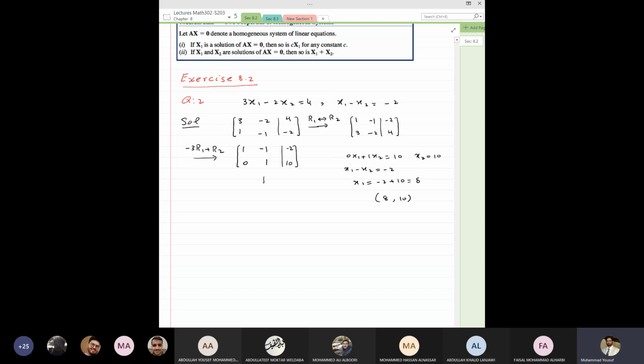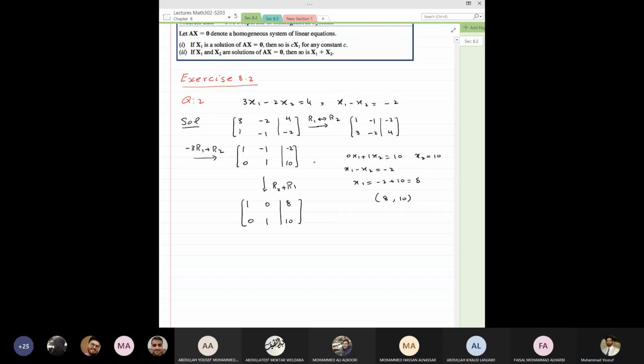Or what we can do, we can apply more operations to make it reduced echelon form, and that is add row 2 in row 1. So if I add row 2 in row 1, row 2 will not change, and 0 plus 1 is 1, 1 minus 1 is 0, 10 and 8.